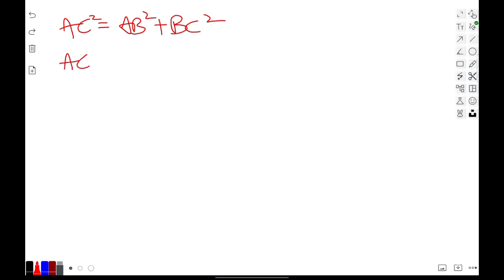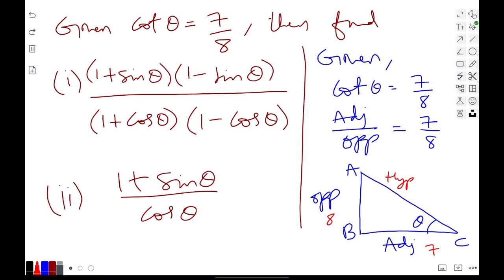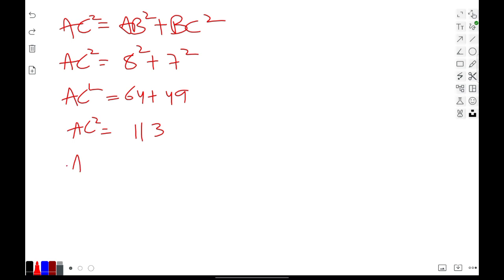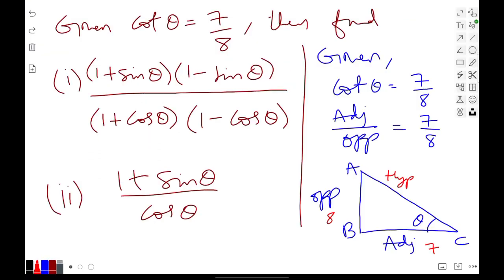Here AB is 8 and BC is 7, just remember that. AB is 8 square and BC is 7 square. 8 square is 64 and 7 square is 49. So AC square is equal to 64 plus 49, which is 113, so AC is equal to root 113.